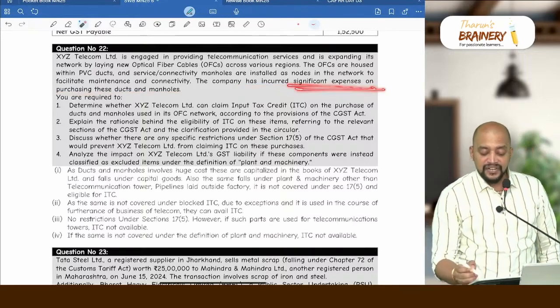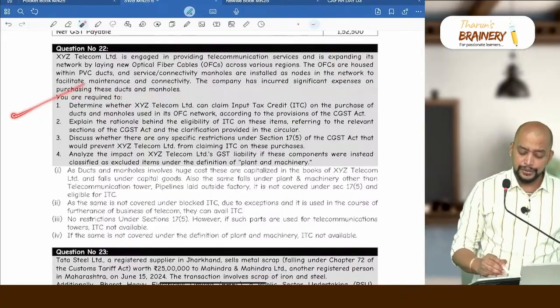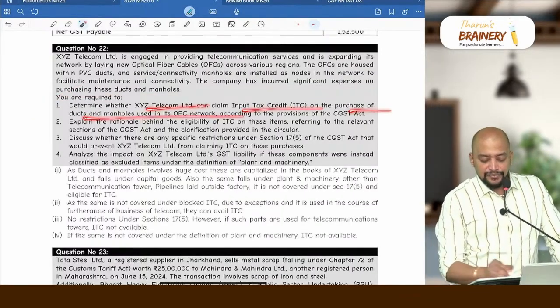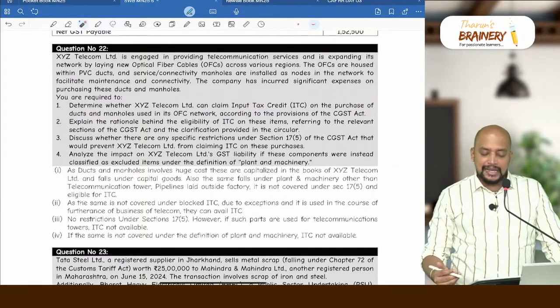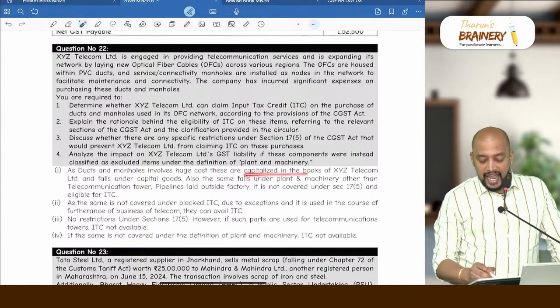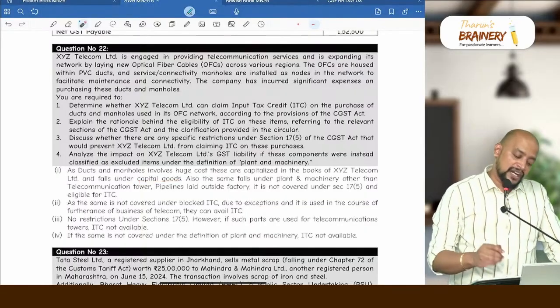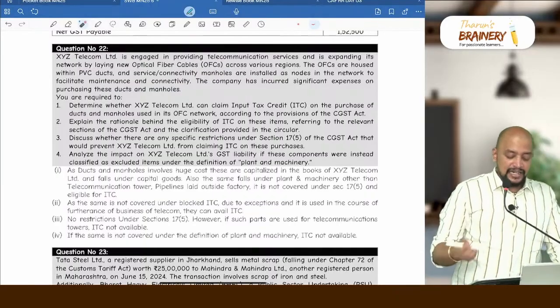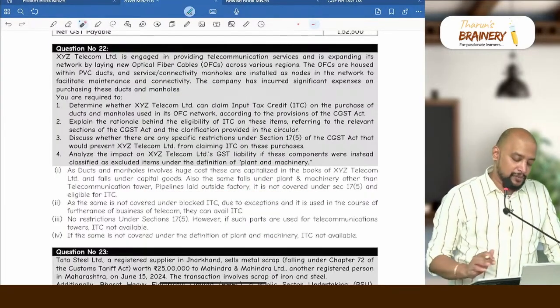As they incurred significant expenses, definitely they will capitalize it. You are required to determine whether XYZ Telecom Limited can claim ITC on the purchase of ducts and manholes used in the OFC network. So yes, as these are huge costs, they are capitalized in the books and will fall under capital goods. Also it will come under plant and machinery other than telecommunication towers and pipeline laid outside factory. So therefore ITC is available on this.